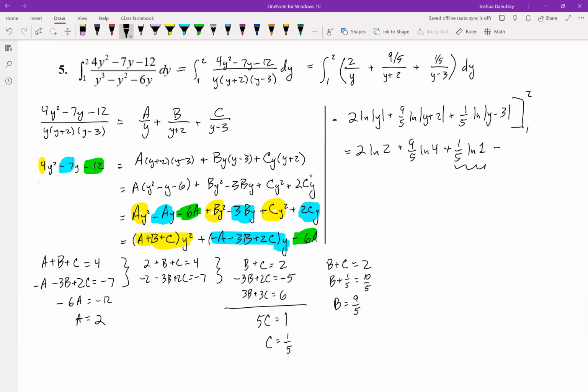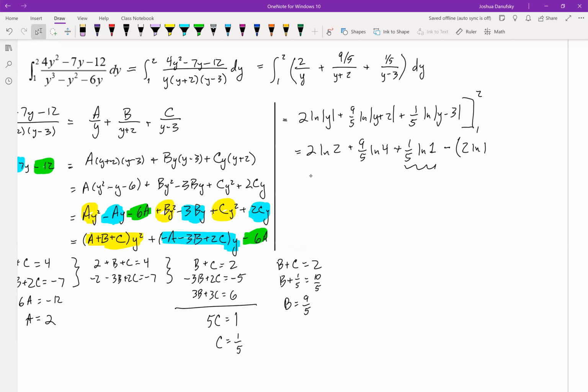Minus, plugging in 1 now, we have 2 ln 1, which again will zero out, plus 9 over 5 ln 3, plugging into the second term, plus 1 over 5 ln of negative 2, but absolute values will make that just a 2.